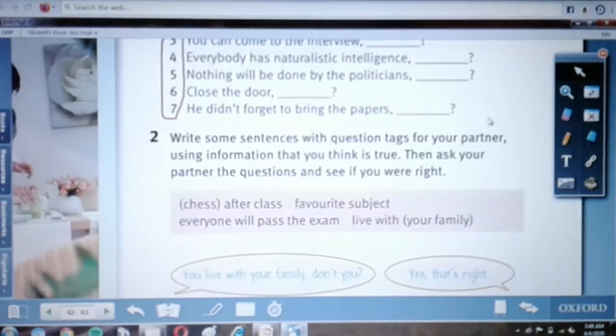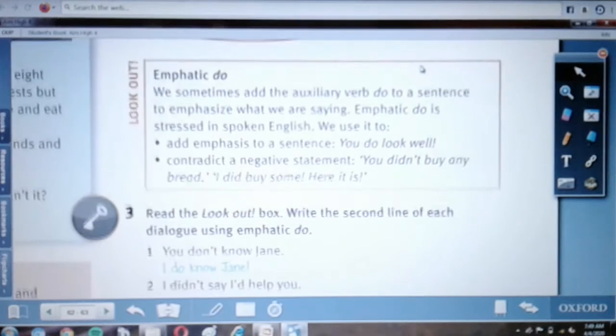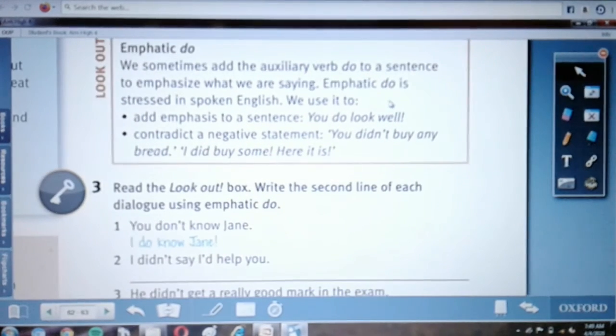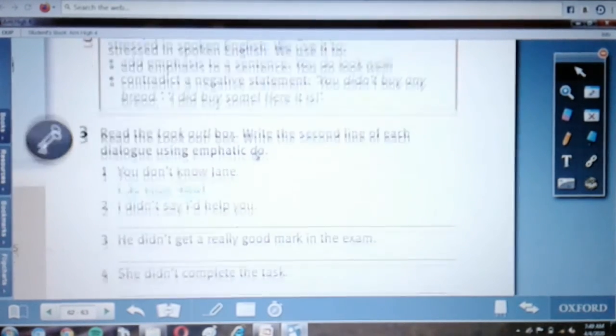After that, move on to the third part. This time, you need to use emphatic do. So, read the lookout box about emphatic do here and write the second line of each dialogue using emphatic do.